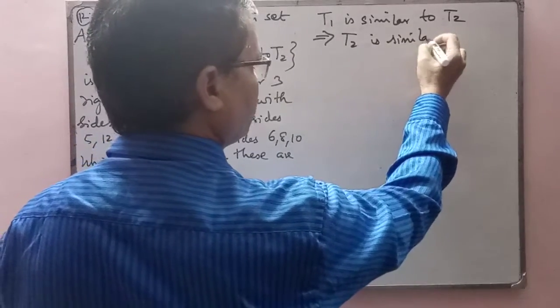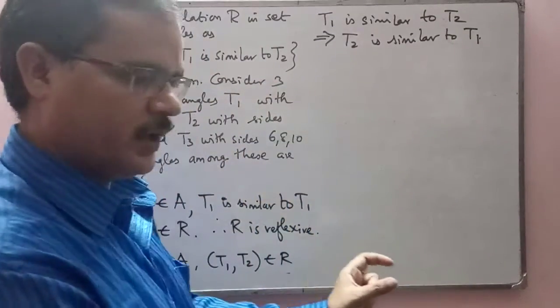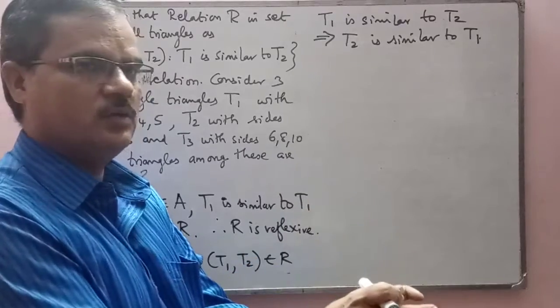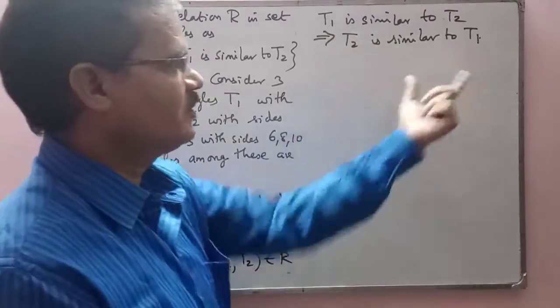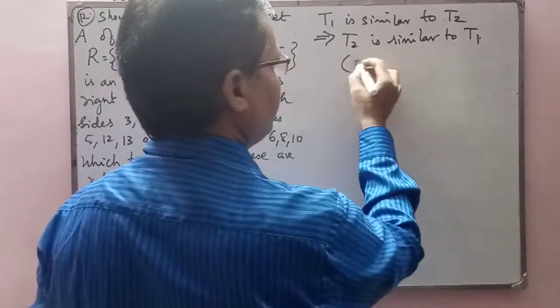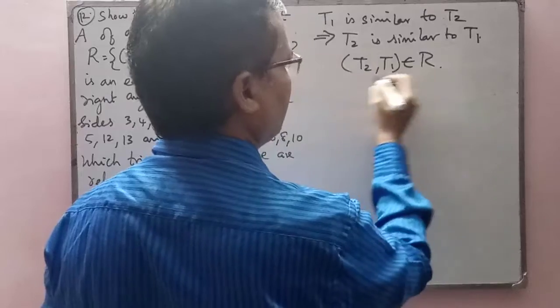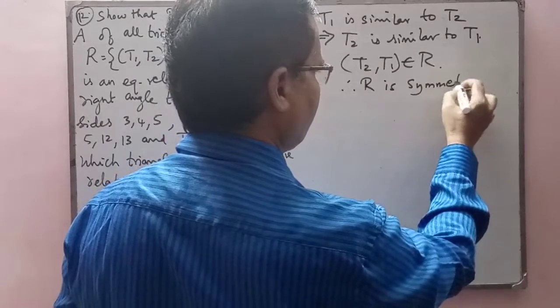Similar triangles you can very easily understand. Take two triangles. They are similar means we can keep one over the other. I say T1 is similar to T2. So now I am keeping the triangle over the other. They will match. So T2 is similar to T1, which implies (T2, T1) also belongs to R. Therefore, R is symmetric. I told you, children, this is a very easy question.